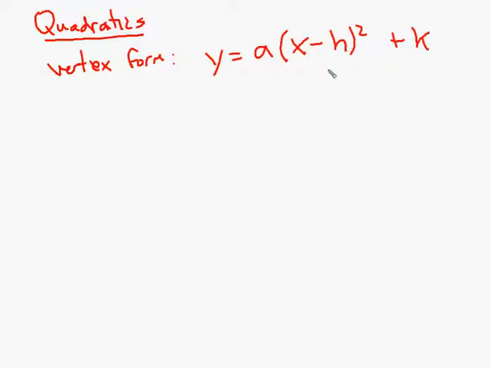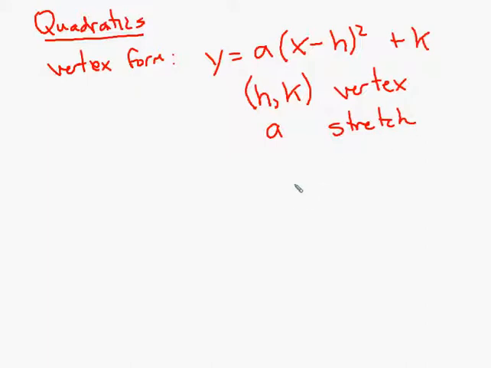Now, just like with absolute value, (h, k) is our vertex. a is our stretch. And unlike with absolute value, we're going to square. There's one more thing though. x equals h is going to be our axis of symmetry.